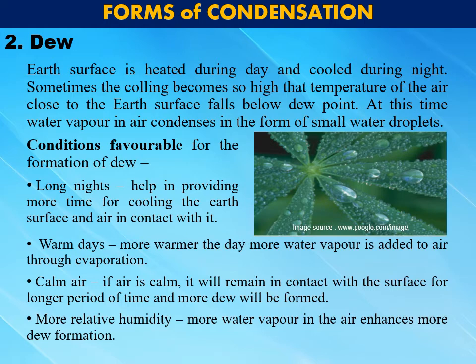And as the temperature of the air close to the surface falls below dew point, condensation occurs, and water vapor is converted to tiny water droplets, which we often find on leaves. These tiny water droplets are basically dew, and this is mostly found during winter time when the cooling of Earth's surface happens more.